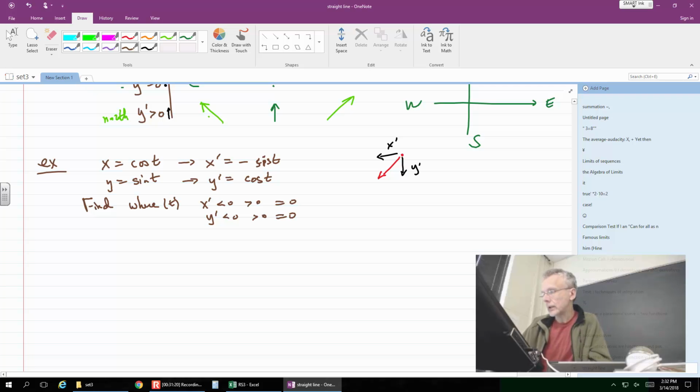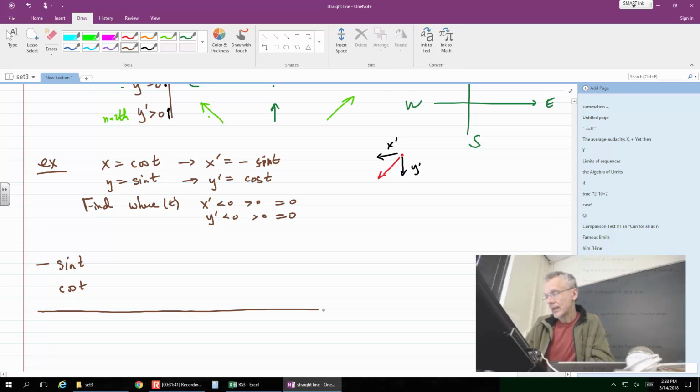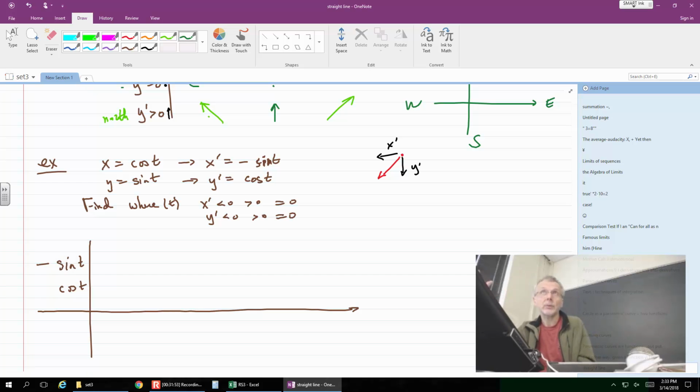Okay, let me quickly do it. You need to know where sine and cosine are equal to 0, where they change sign. Fortunately, that's no trouble. I put negative sine t over here, and I put cosine t here. I'll put my x-axis here, and I have to put the important points where things change about these functions, and those are the multiples of pi.